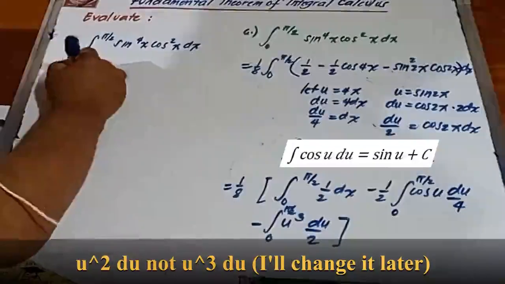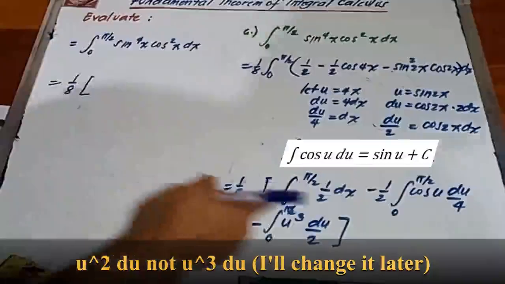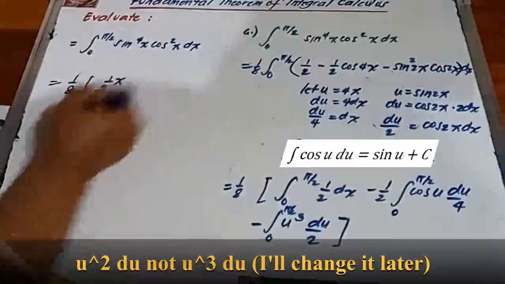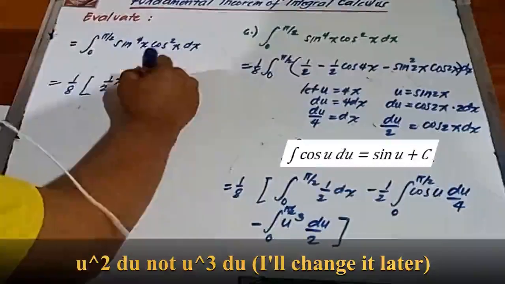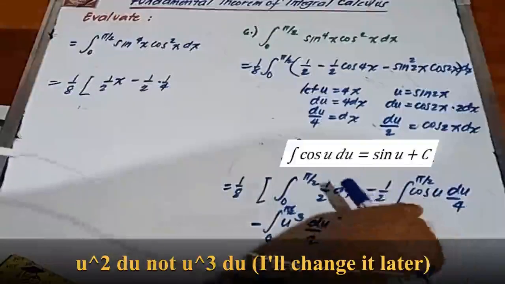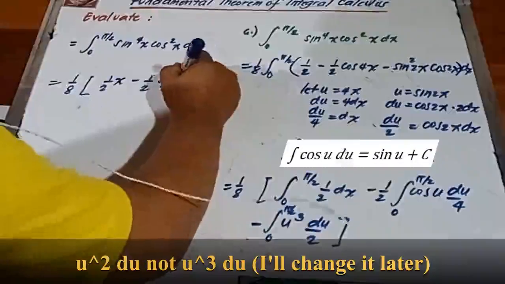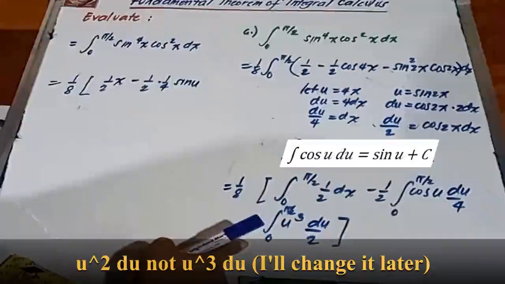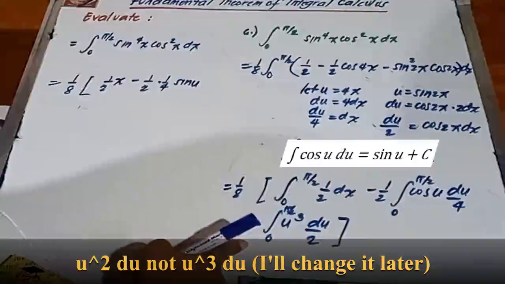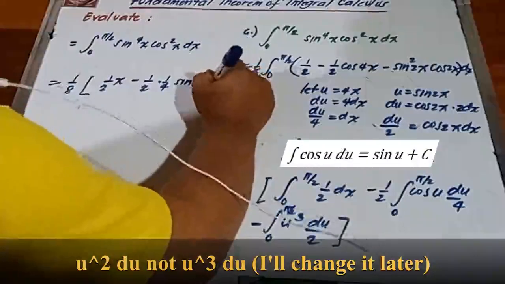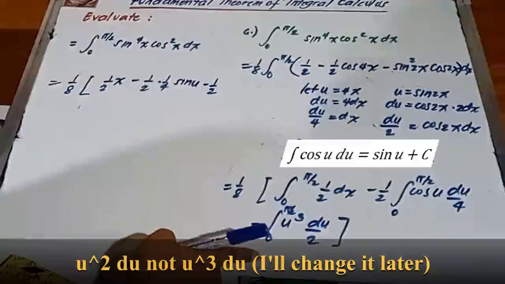Then, we have 1 over 8. So, integral nito is 1 half x minus 1 half times 1/4. Okay? 1 half times 1/4. Integral ng cosine u is sine u. Ito naman, integral ng u cube, that is u to the 4th over 4. Okay? Pero may 1 half minus 1 half. What's this?